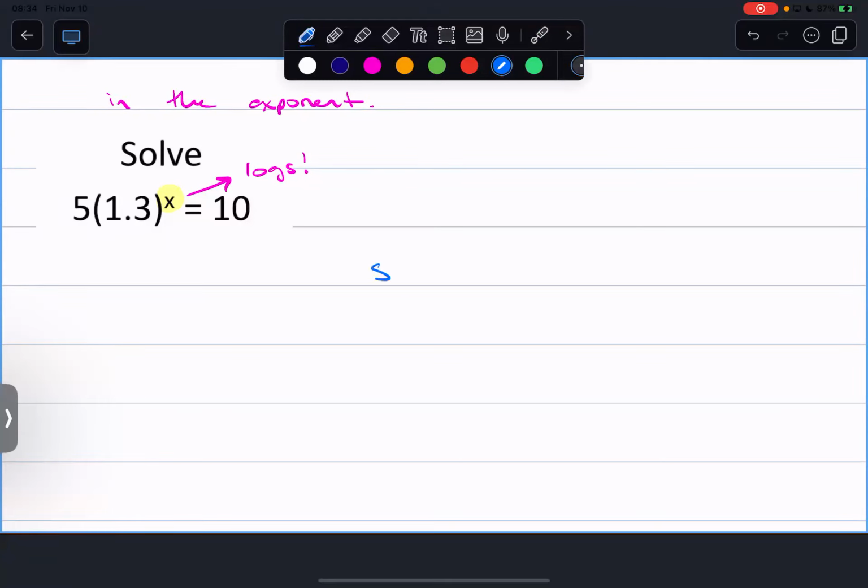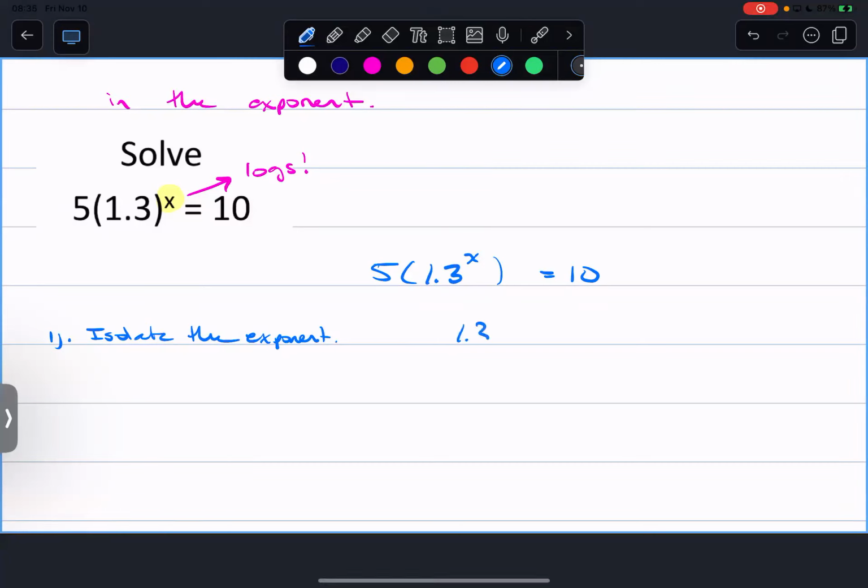So from here, 5 times 1.3, and I'm going to bring the x inside just to emphasize that they're together and the 5 is not. First thing I'm going to do is isolate the exponent, which means divide both sides by 5.